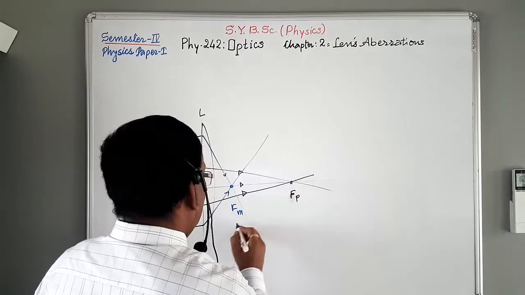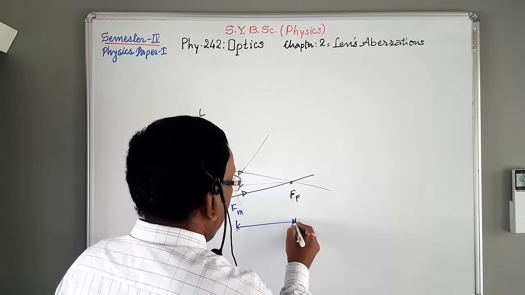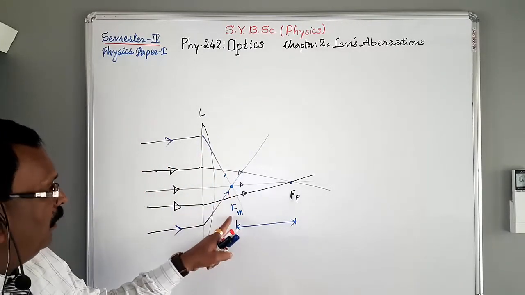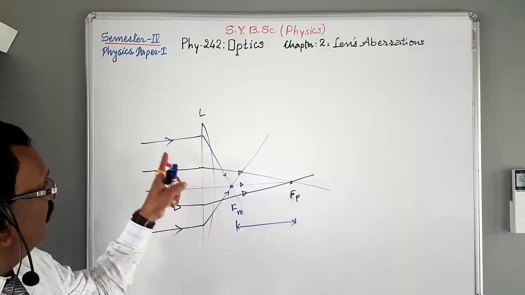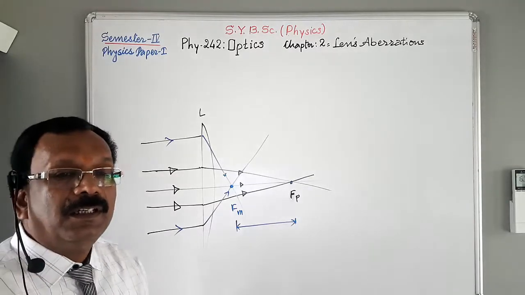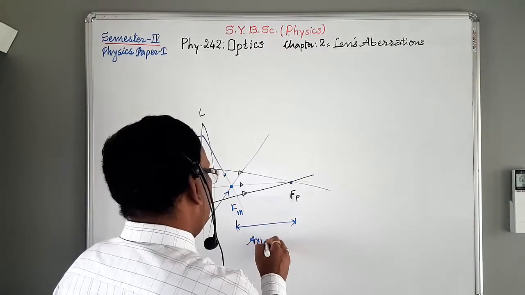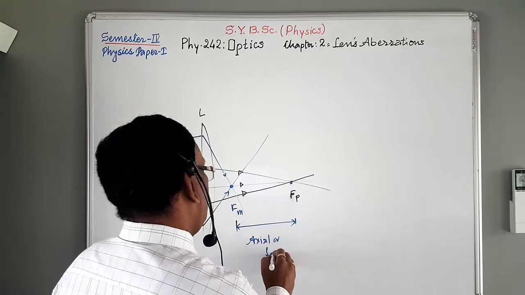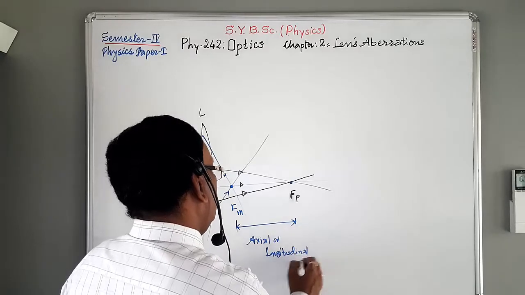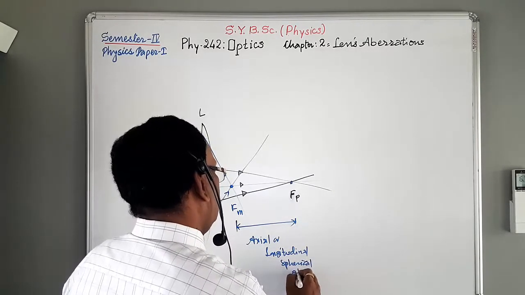So this is the difference. At this point the marginal rays come to focus, and at this point the paraxial rays come to focus, and this is nothing but the axial or longitudinal spherical aberration.